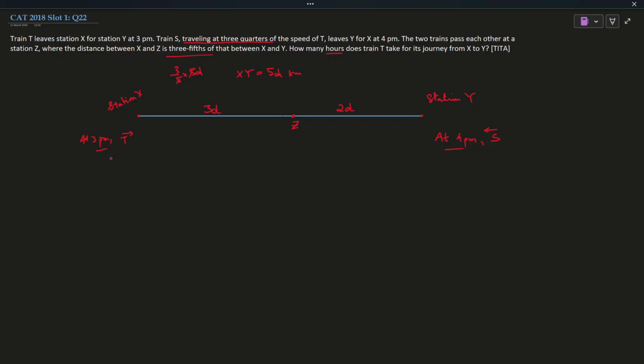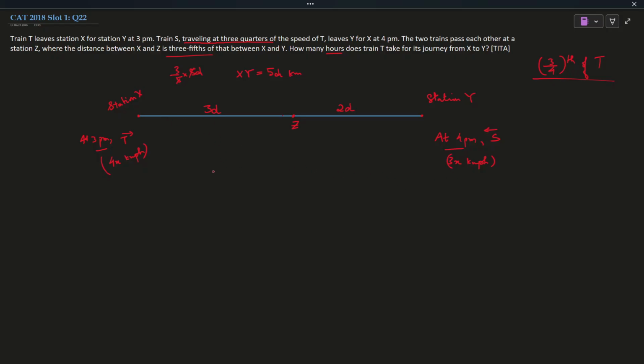So let's say the speed of T is 4x kilometers per hour. So 3/4 of that will be 3x kilometers per hour, since 3/4 means 3/4 of the speed of train T. I have taken it as 4x, so it becomes 3x.